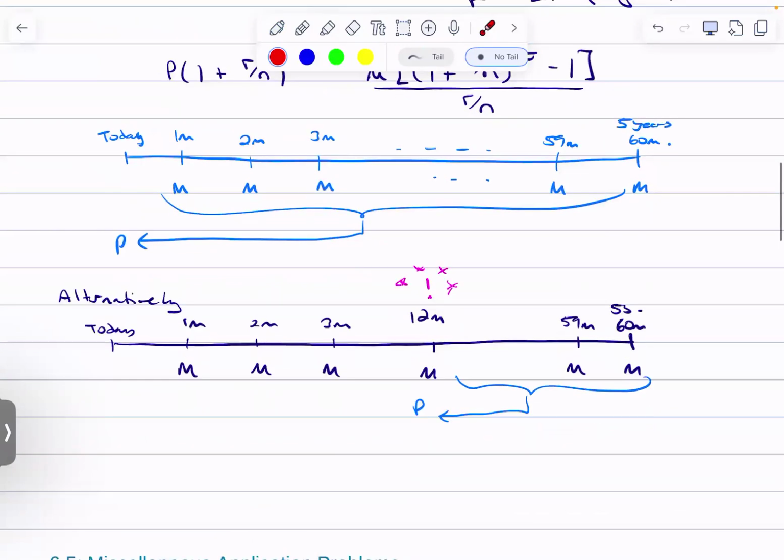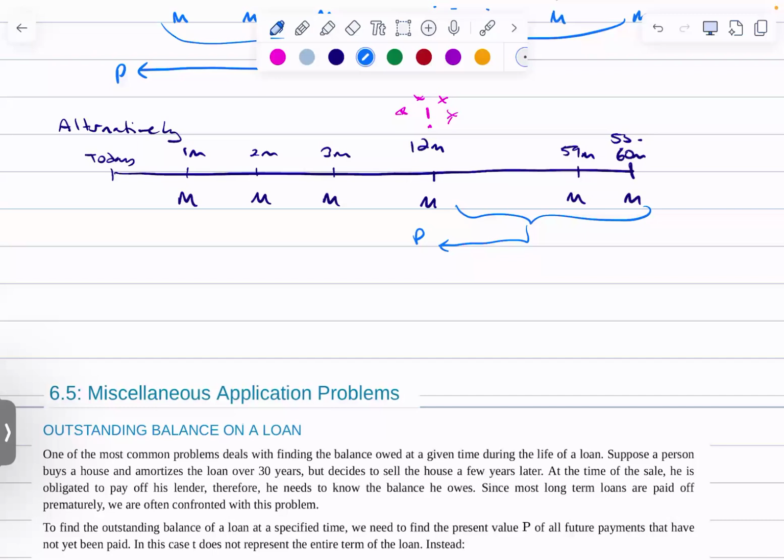And so we can think of this as where P is the cash value of the remaining M payments, or of the remaining payments.